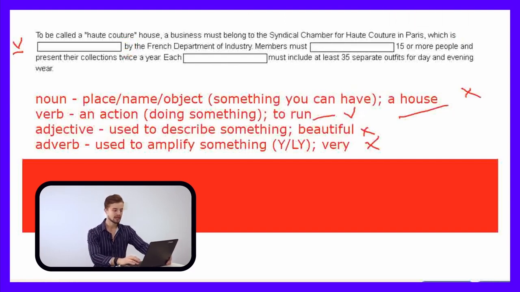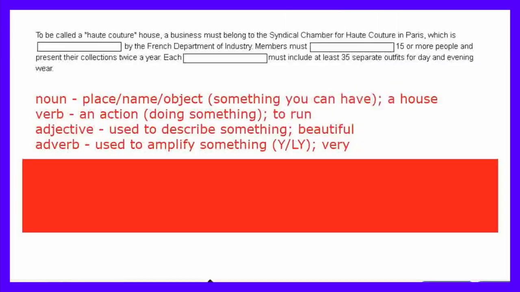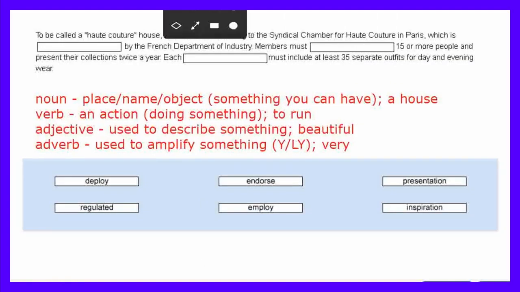So let's actually have a look at some of these options below. Let me just clear up my screen here, make it a little bit more readable. Okay. So right away, we know that for the first blank, whichever word we're going to look for is going to be a verb. What are the verbs? Deploy, could be. Regulated, could be. Endorse, could be. Employ, could be.